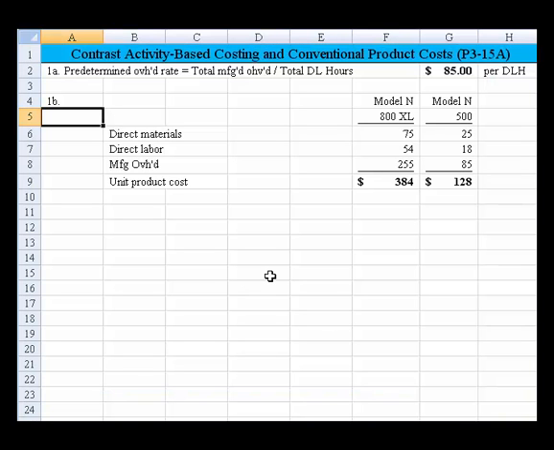Alright, so what we've got to do now is break out those pieces. So 2A, we need to first determine the various cost pools, which were machine setup, special processing and general factory.